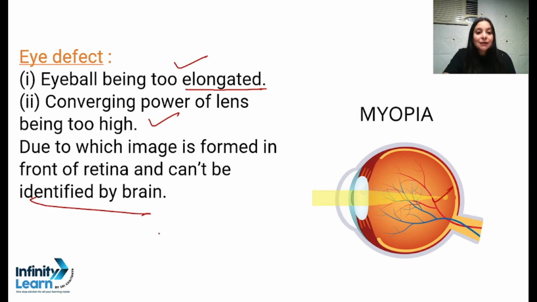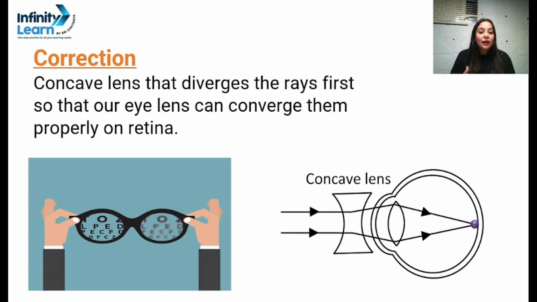But yes, we can correct it. How? By using spectacles. Our spectacles should have a concave lens, because due to this defect, the eye lens's converging power is more. So we have to decrease that converging power. So in spectacles we use a concave lens, which diverges the rays before they enter our eyes.